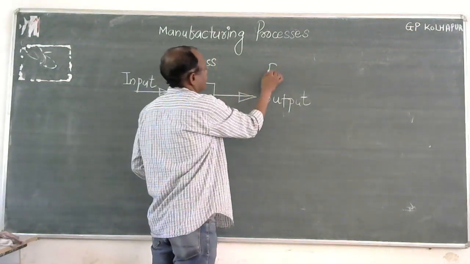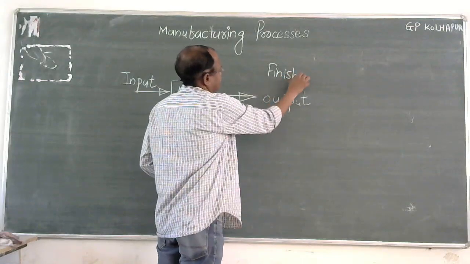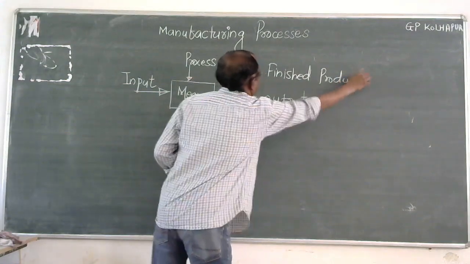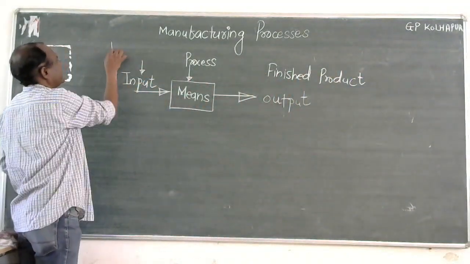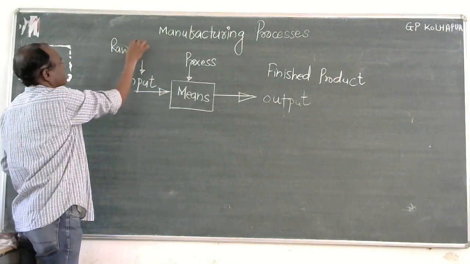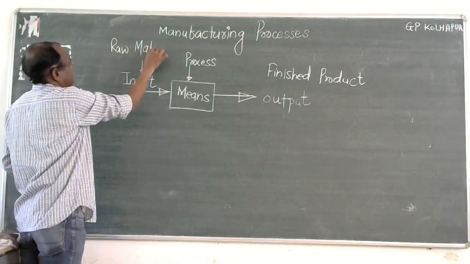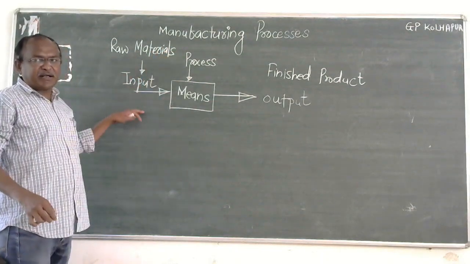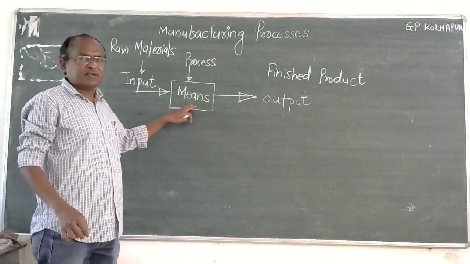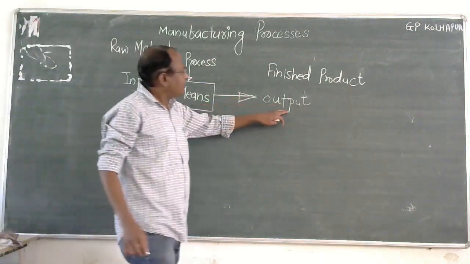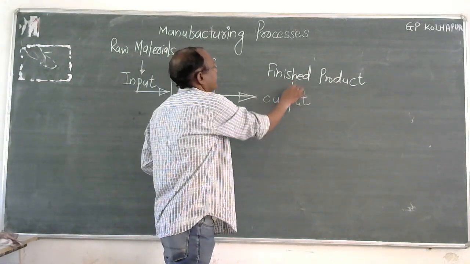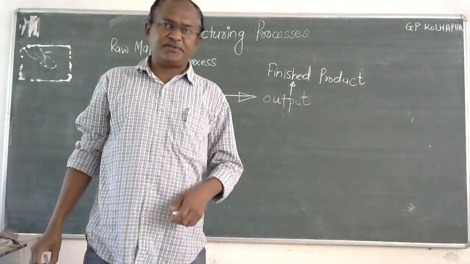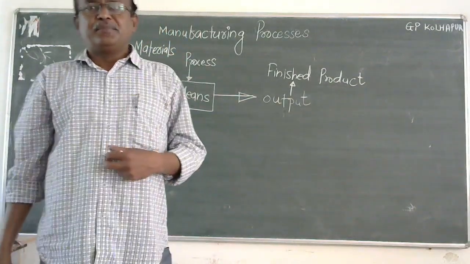Output is the finished product, and input is the raw materials. Various raw materials are taken at the input end. Those are processed and converted into the output, that is your finished product. This is the basic concept of manufacturing process.